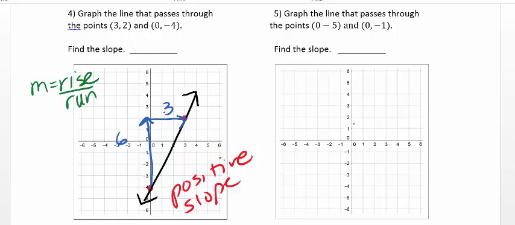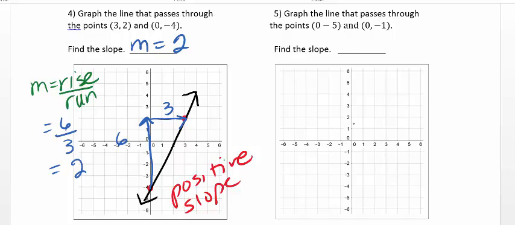Anytime you go up, it's positive, and anytime you go to the right, it's positive. So our rise was 6, and our run was 3, and that simplifies to be 2. So our slope of this line, which we use the variable m, is going to be 2.